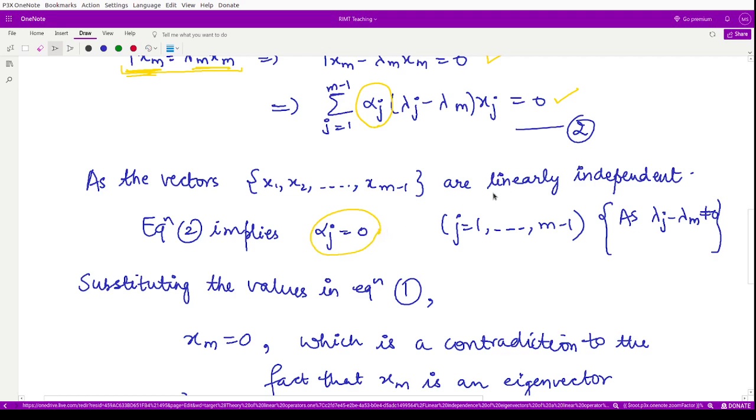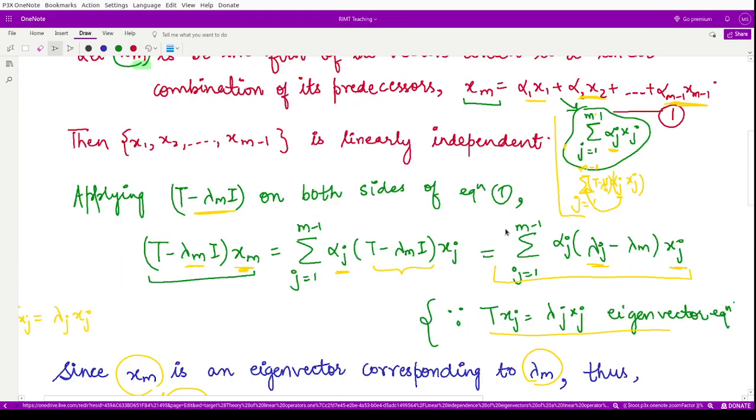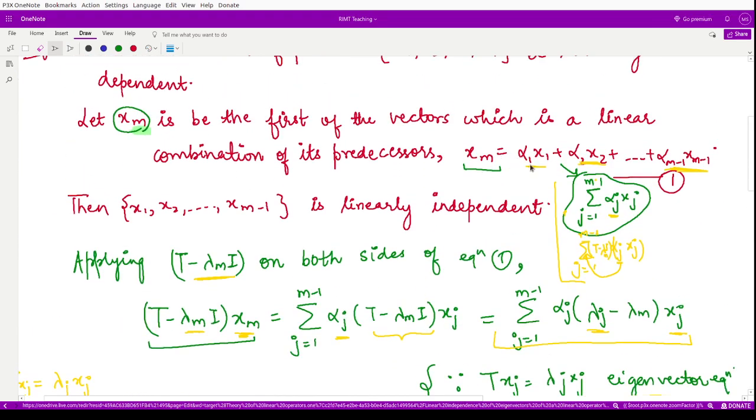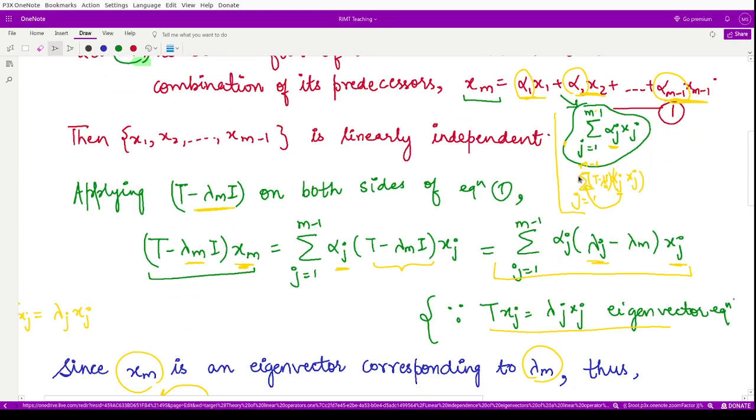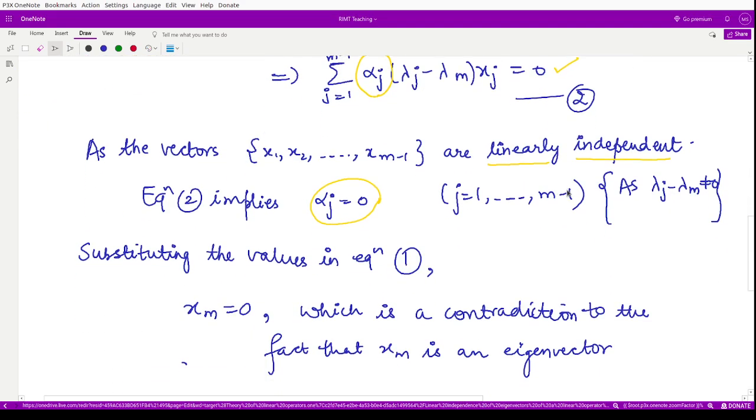If all of the alpha j's for j up to m minus 1 are 0, then xm, which is a linear combination of these, would be 0, because every alpha in this linear combination is 0. So from here we obtain xm to be 0.